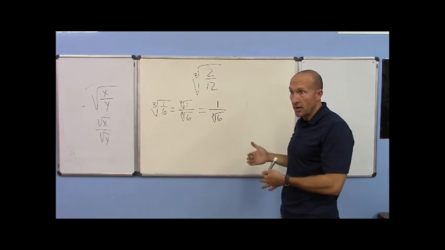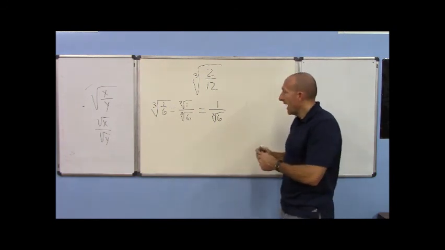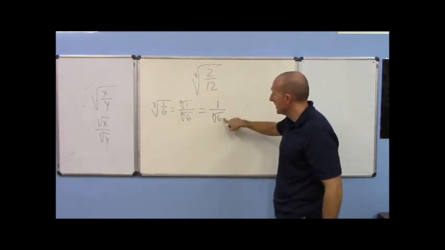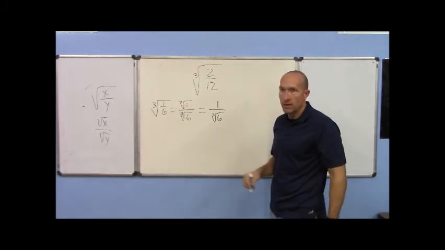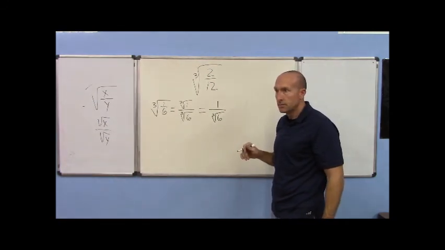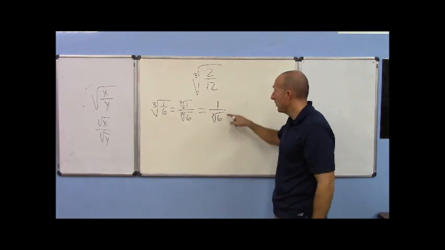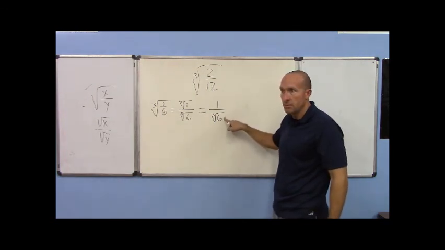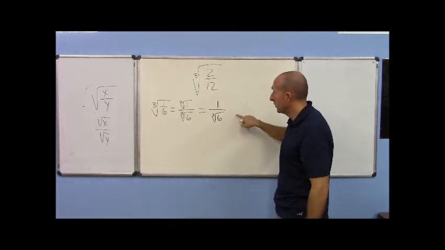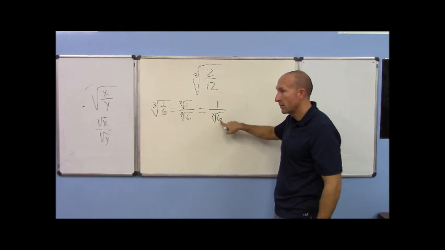Whatever you do to the bottom, you do to the top. How many of these 6s do you need to pull 1 six out and have none left over? 3 total, right? So how many do we need to multiply to this one to make that happen? We need 2 more, right? So 2 combined with this one will give us our third.